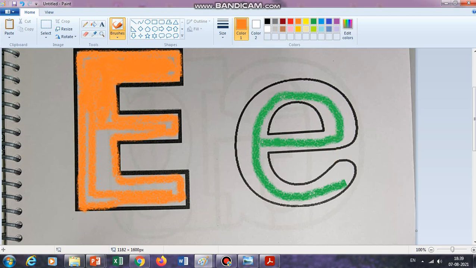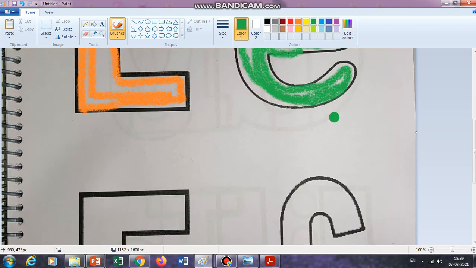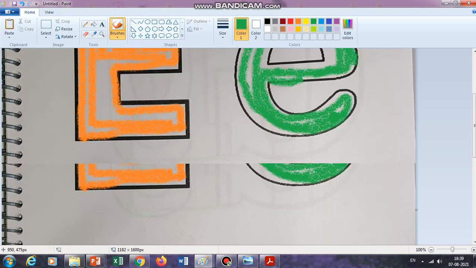Similarly, you will do coloring in small e. Make the border and start coloring, recalling the words related to letter E. This way you will finish the coloring in the spiral book, page number 13.